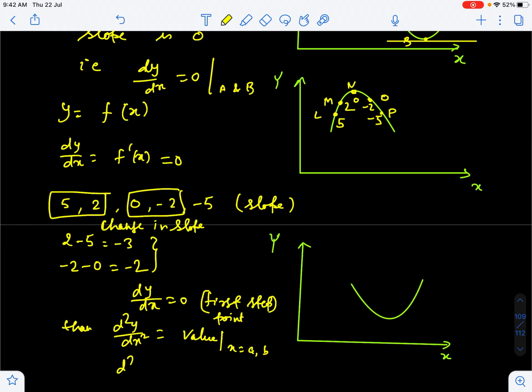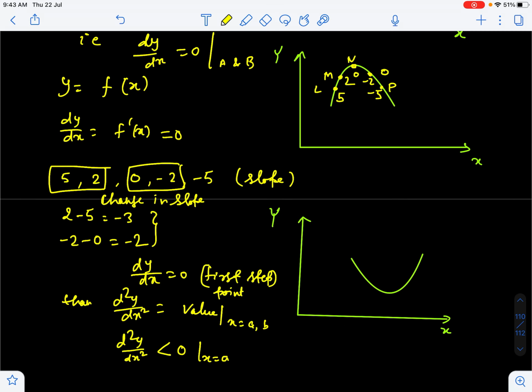If d2y by dx square, which means the rate of change of the first derivative, is negative at x is equal to a, then a maximum of the function will exist there. I am telling you first here, but when I take a numerical, you will understand better.